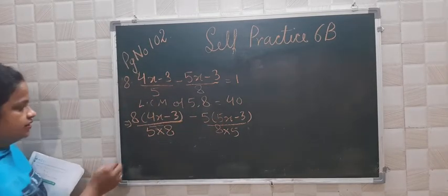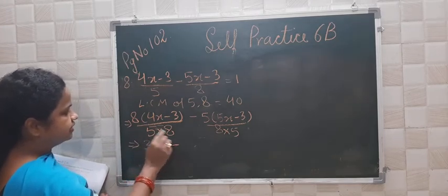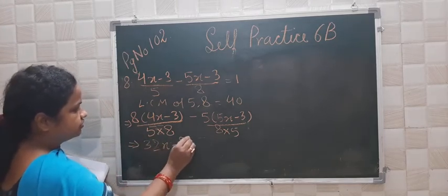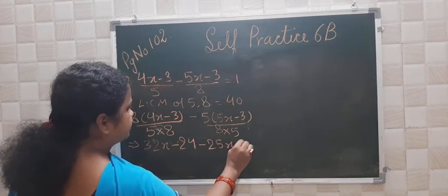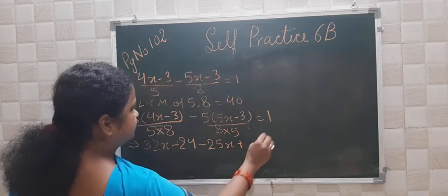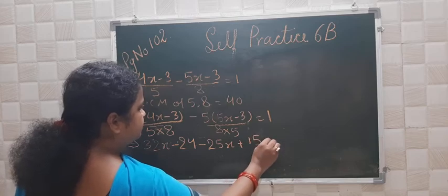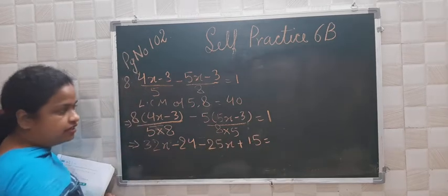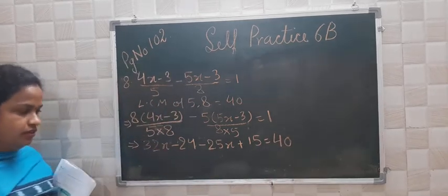Okay. Now 8 4s are 32x minus 24, minus 25x plus 15, is equal to 8 5s are 40. This 40 will be multiplied here, 1 into 40, 40.